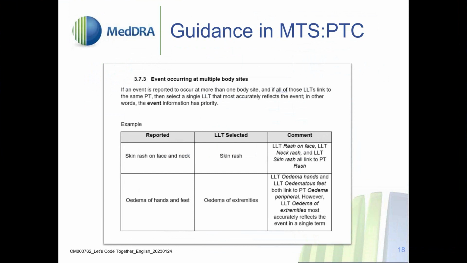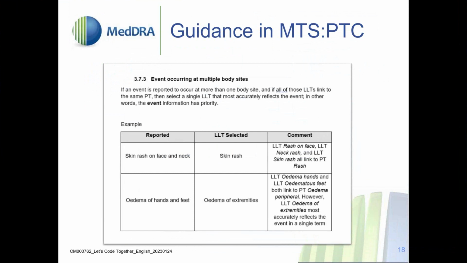And we are told that split coding would not be necessary in such cases. That wouldn't make sense because you would be duplicating the same medical concept. And because analysis is run on PT level, this would really hinder effective and meaningful analysis of the safety data. You would duplicate events on PT level.